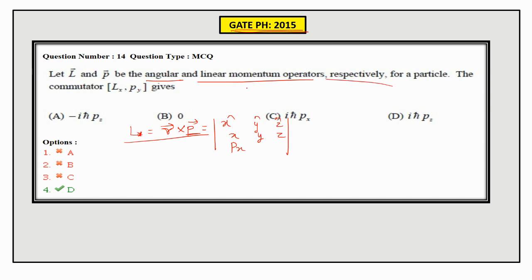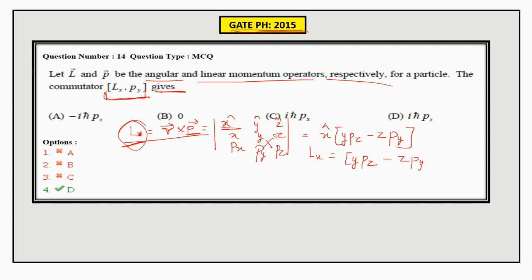Suppose we have one particle and these are our operators. You need to find the value of this commutator. The angular momentum operator along the x direction, Lx, has the value y pz minus z py.